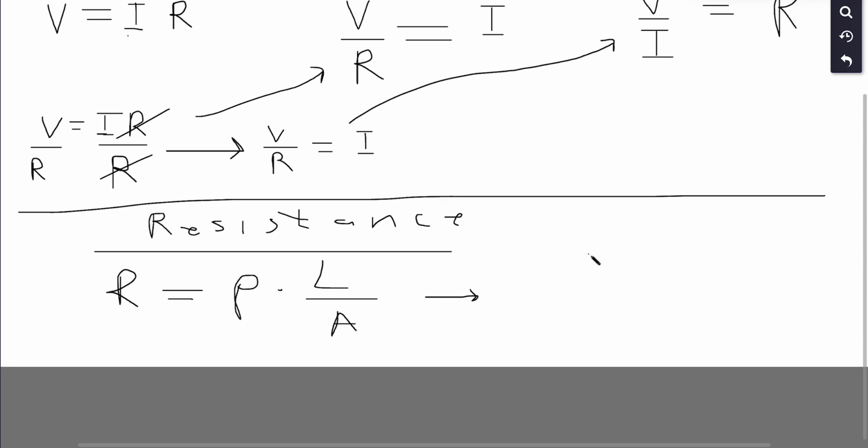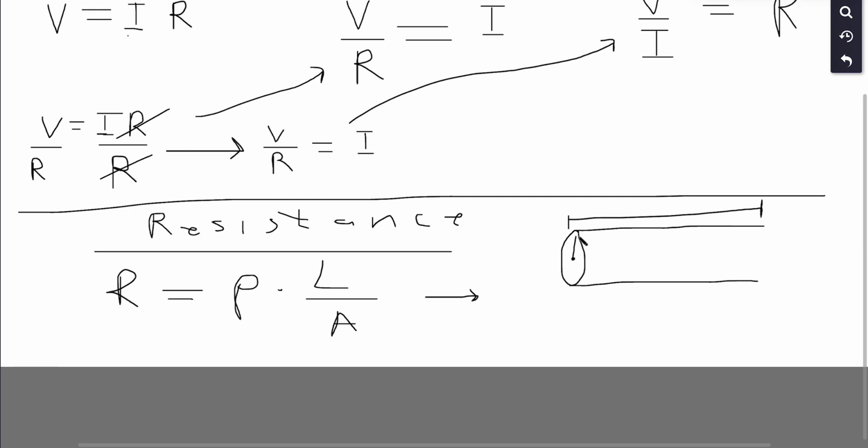So if we take, for instance, a sample wire, let's assume that this is a wire, right? The length of this wire from, say, here to here is what this L represents. And this A represents the cross-sectional area, right?